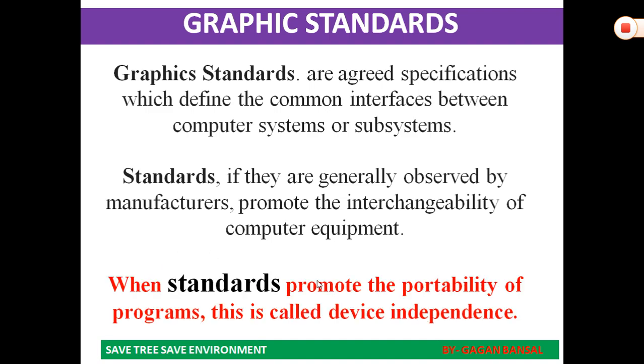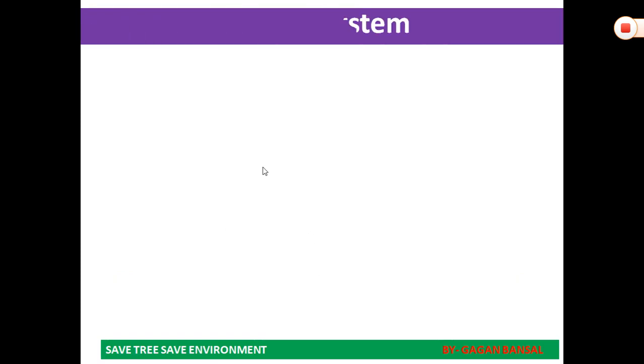That is, when standards promote the portability of programs, this is called device independence. That means if any standard is being followed by any industry, then that particular component or graphics or object is device independent. That means it can be used for all the different purposes.